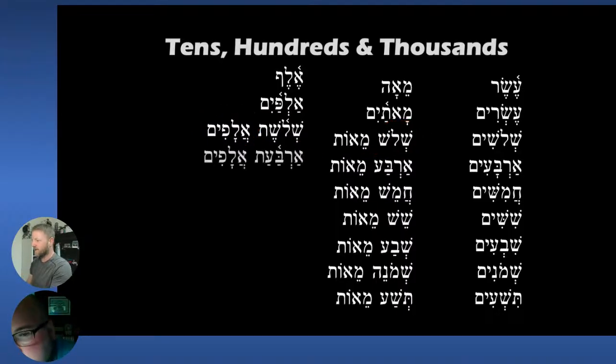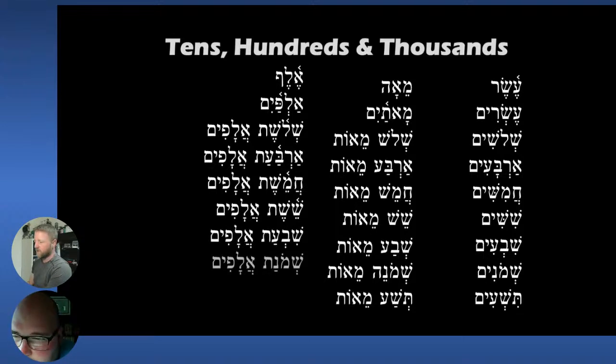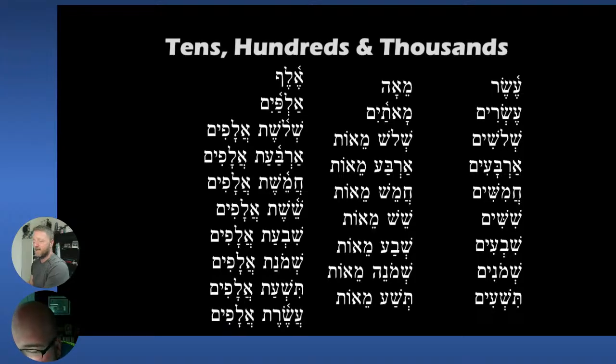Okay, so arba'at alafim, chameshet alafim, sheshet alafim, 6,000, shivat alafim, 7,000, shmonat alafim, 8,000, tishat alafim, 9,000, and then what we would expect, as we say in modern Hebrew, aseret alafim, 10,000.